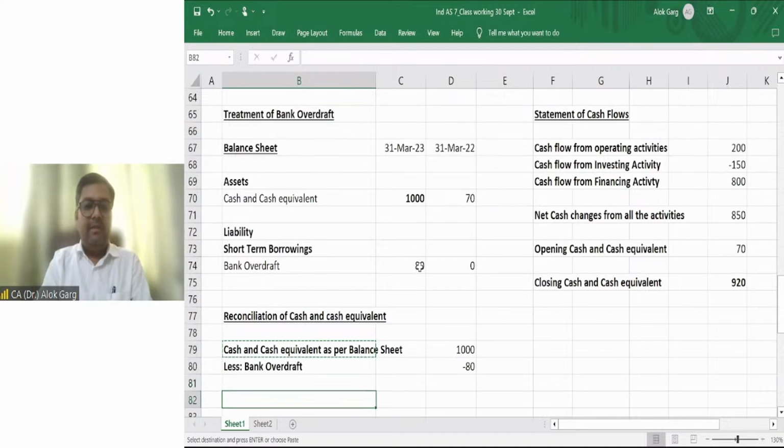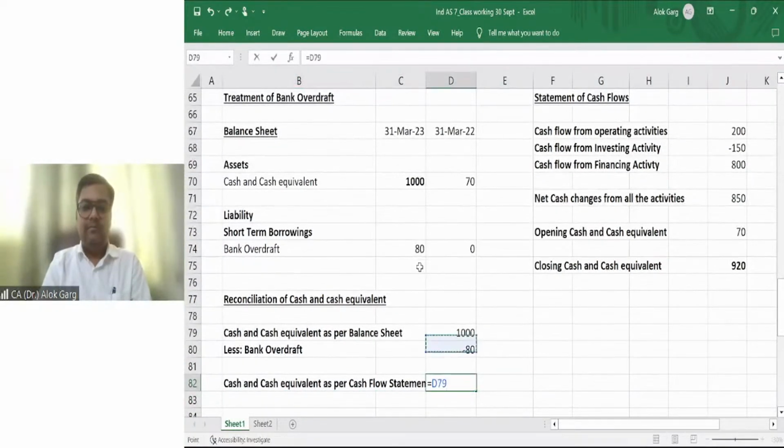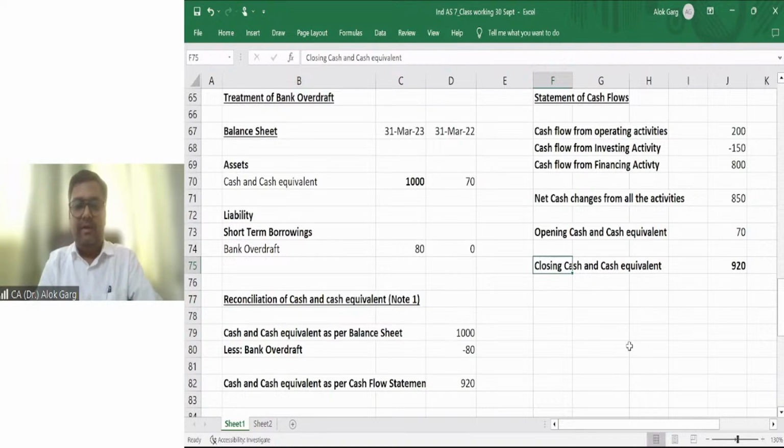Then it is coming out as cash and cash equivalent as per cash flow statement. Let's say this is note number one. For example, this is your note one. And here it will be written like, refer note one.